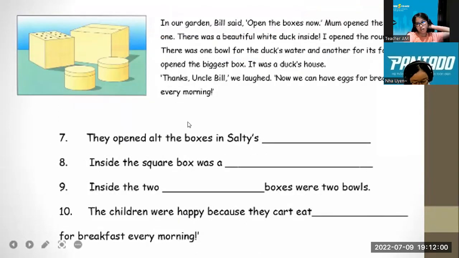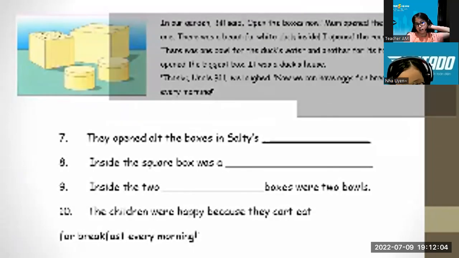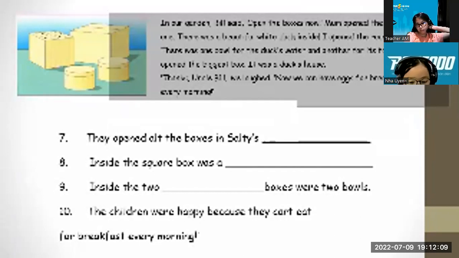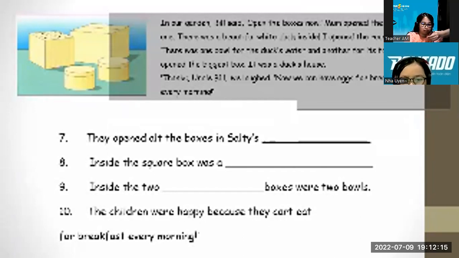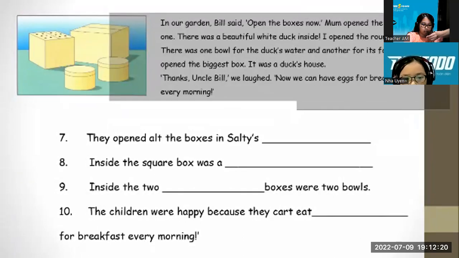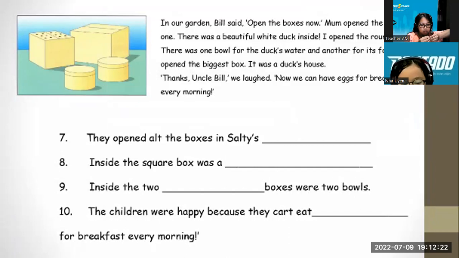Okay, so now let's proceed with this one. The next picture. I want you to read the continuation of the story. In our garden, Bill said, open the box now. Mom opened the square one. There was a beautiful white dog inside. I opened the round one.